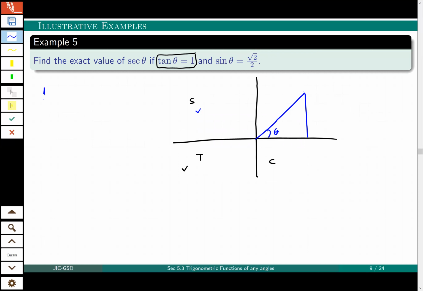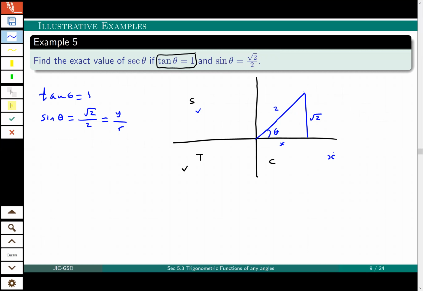It says tan theta is equal to 1 and sine theta is equal to square root of 2 over 2. If we consider sine theta, that means this is equal to y over r. Y is equal to root 2, and r is equal to 2. So we need what is x.